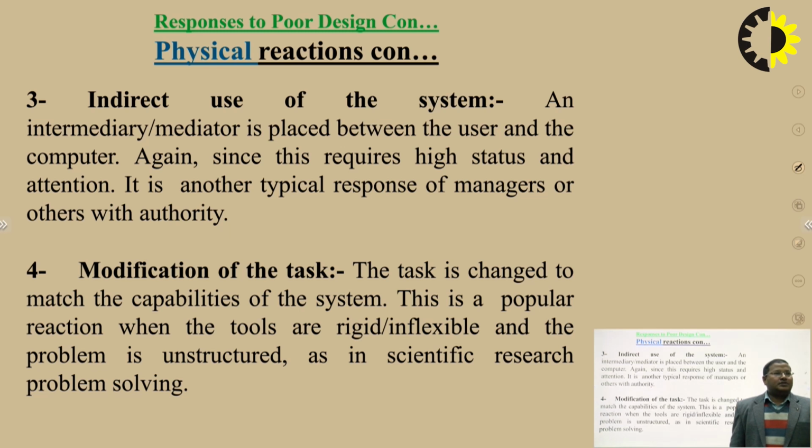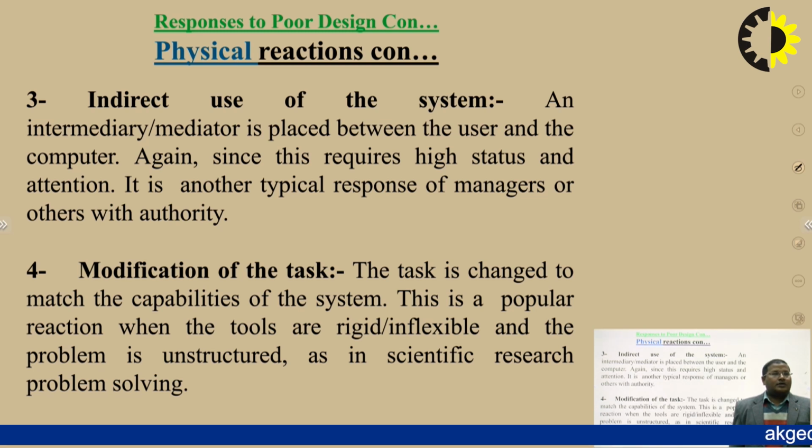Another physical reaction is indirect use of the system. A mediator is placed between the user and the computer. Suppose there is a mediator placed between the user and the computer, and you are trusting that mediator. So it can create problems. Since this requires high status and attention, it is another typical response of managers or others with authority.